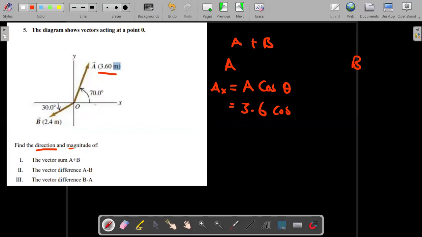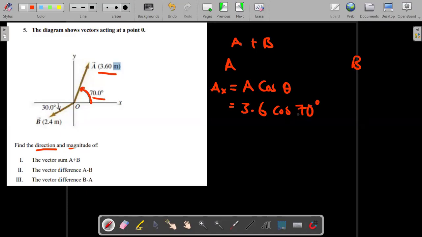The angle is always measured from the positive x-axis until you reach that vector. As you can see here, starting from the positive x-axis until I reach that vector, this angle is given in the question as 70 degrees.